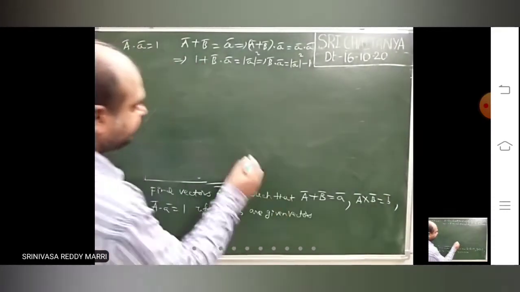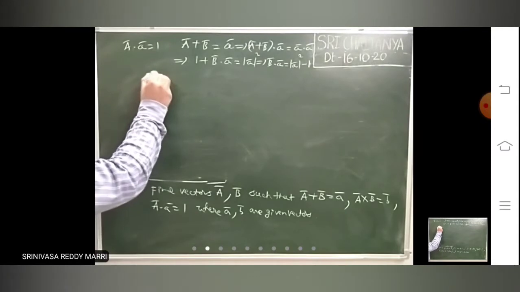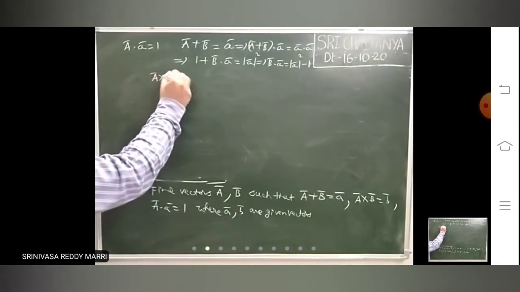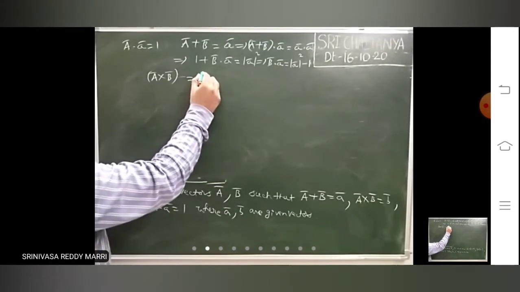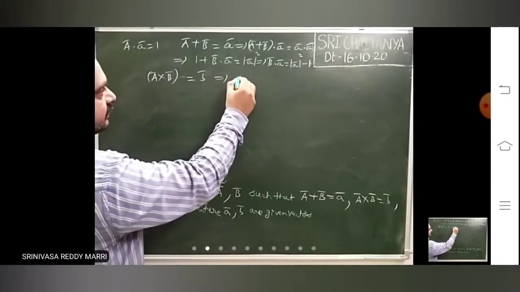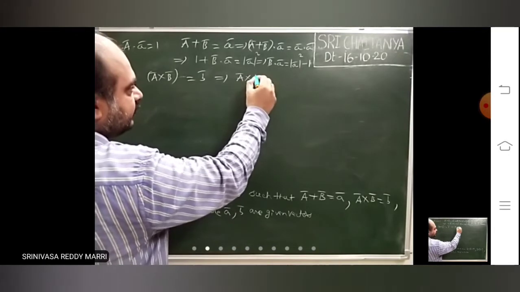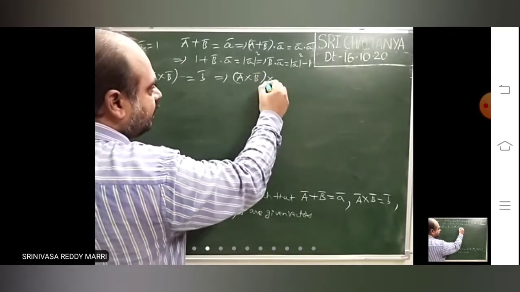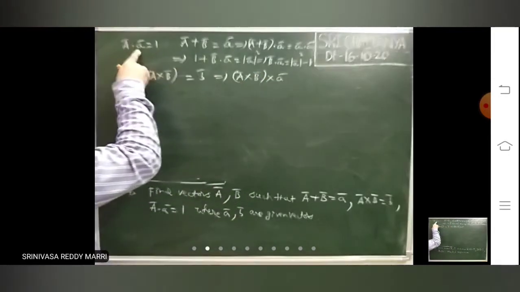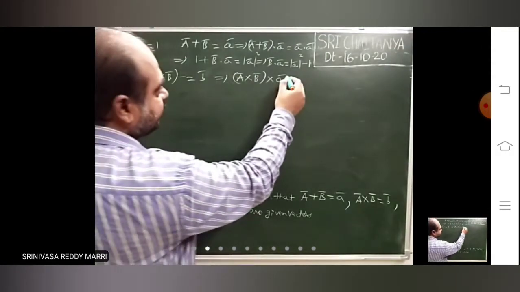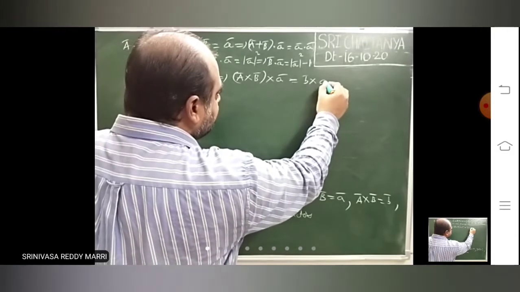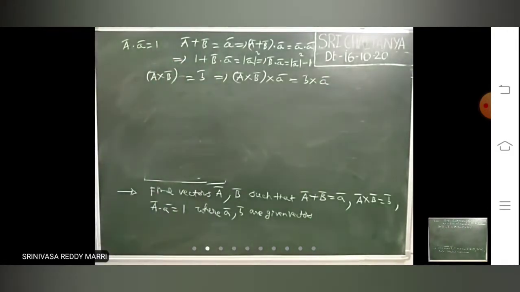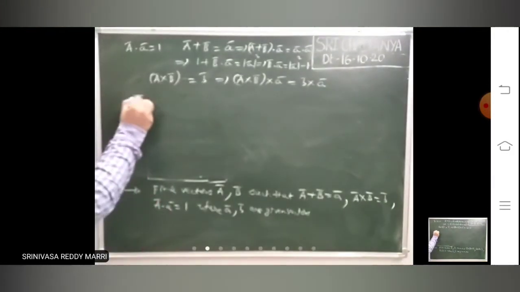Now look at, take this equation. A bar cross B bar equal to B bar. This is the given equation. I am doing cross product with A bar on both sides.